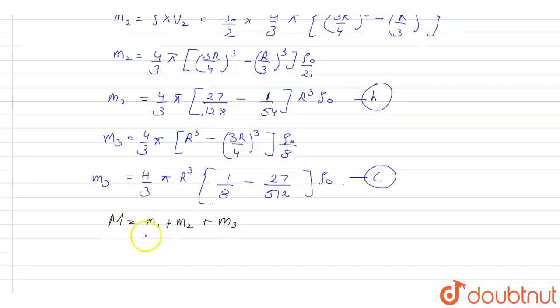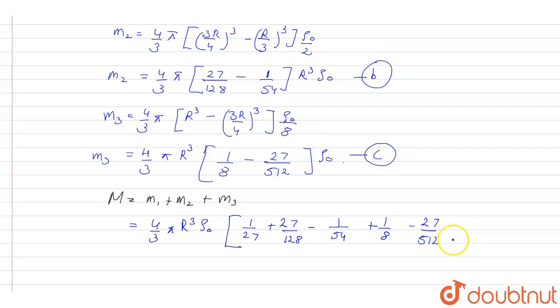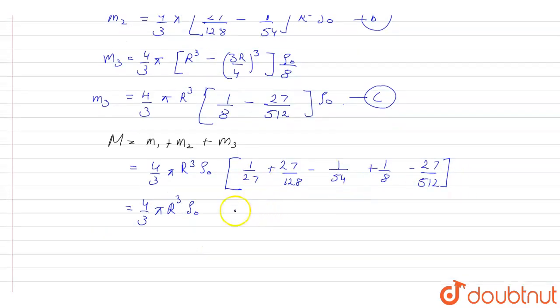So in the bracket, it will be equal to 4/3 πr³ρ₀ times (1/27 plus 27/128 minus 1/54 plus 1/8 minus 27/512). By solving this bracket I can take the LCM and simplify it.